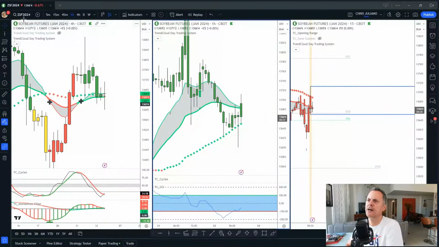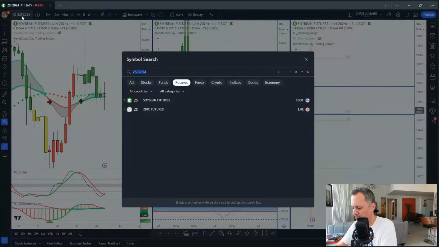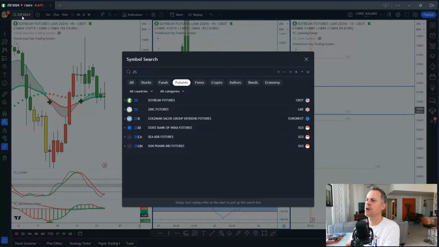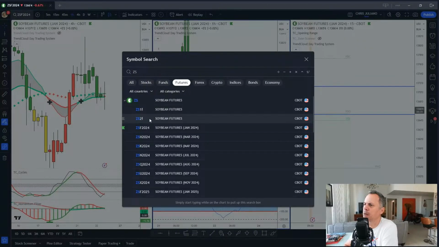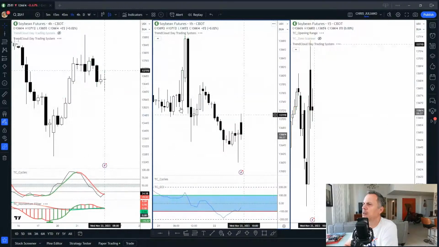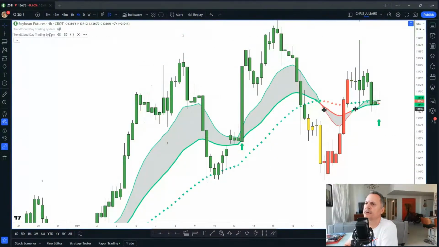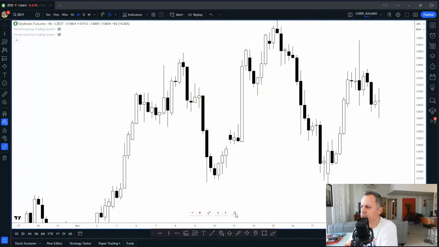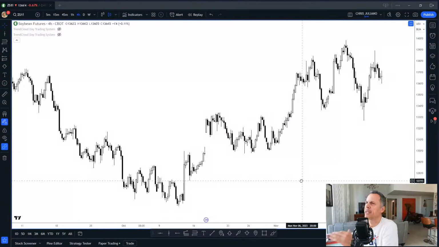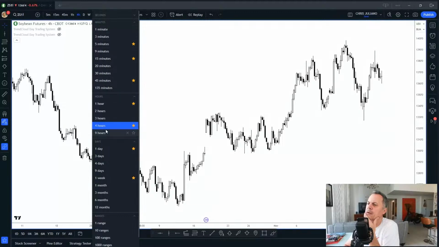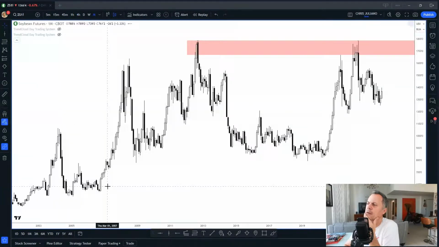Let's go to the full contract of soybeans. Let's go out to the full contract and take a look at the high time frame. Let's turn everything off, recalculate the chart. Let's go out to the monthly. Looky here.